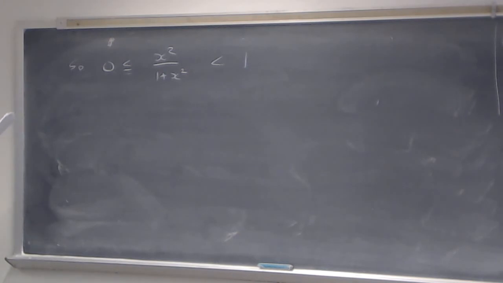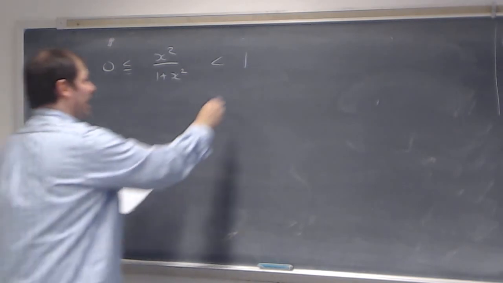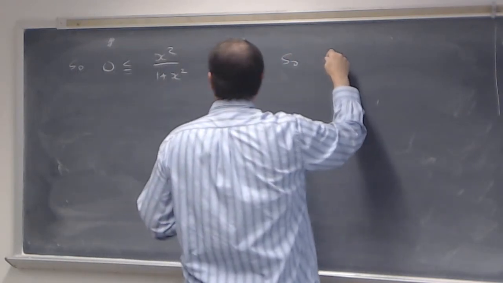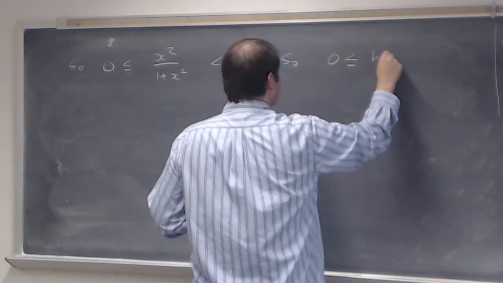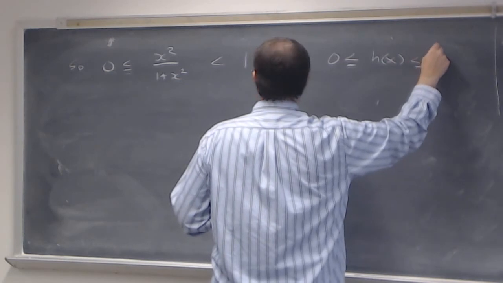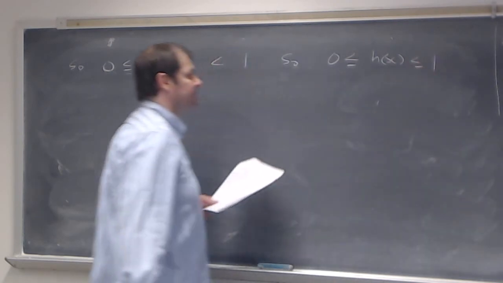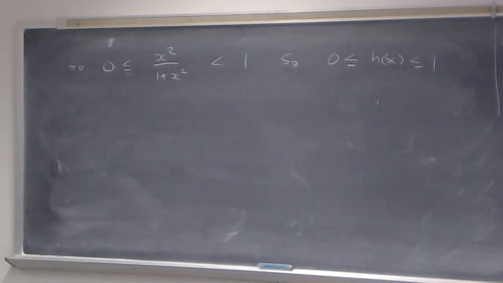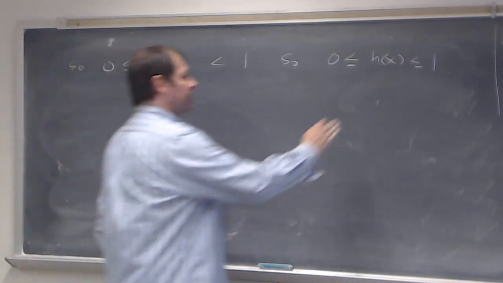So here's what we have. We're summarizing this. 0 is less than or equal to h of x, which is less than 1, I should say. So h of x is bounded.